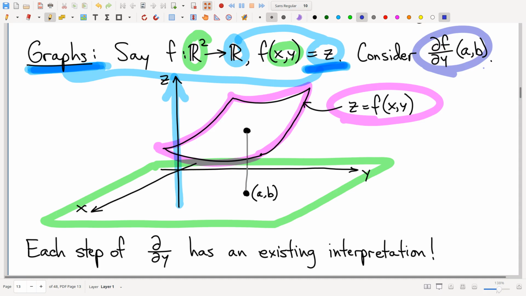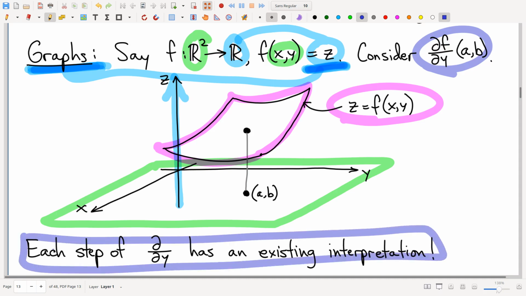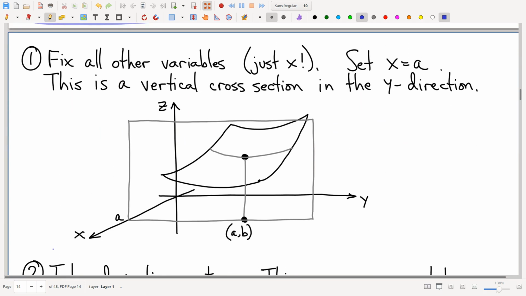Okay, good news. In some sense, we already know the answer because our process for writing down a partial derivative is a two-step process, and each of those steps we already have existing interpretations for. So the first step in writing down a partial derivative, of course, is that we fix all the other variables. And if we're taking a partial with respect to y, that means we are fixing x. Okay, well, yeah, but we're starting at this point a comma b.